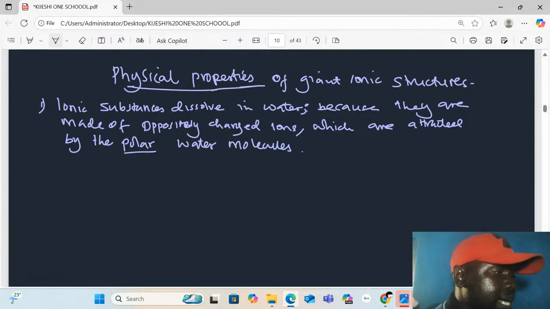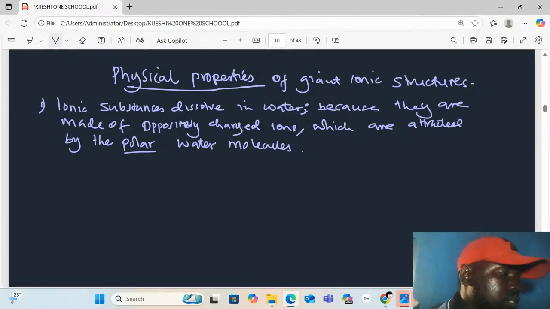So it can be asked, explain why giant ionic structures dissolve in water. Then you need to explain. The first part is to mention the charges in the structures, and then what will happen when they meet water molecules.